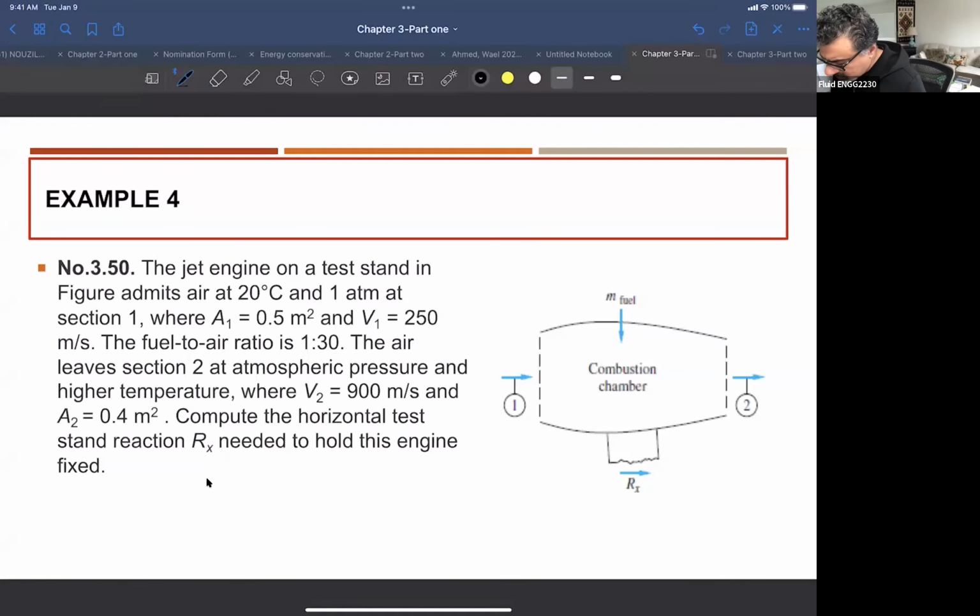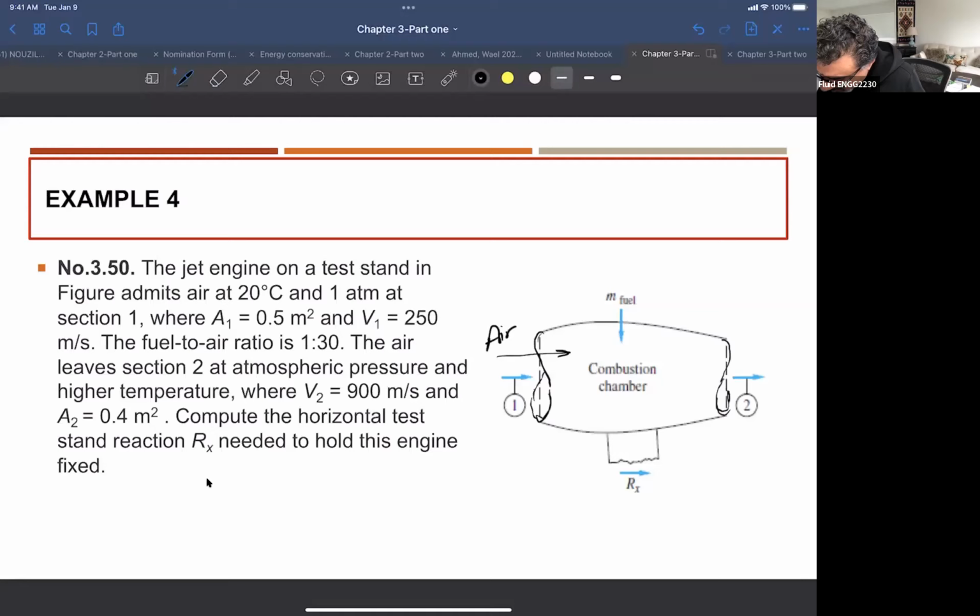As you all see, on an aeroplane you have an engine, and this engine is on the wings, right? You have all these engines running because of the combustion happening inside the engine. So you have fuel, and you have air coming inside this engine, and the air will come in this direction.